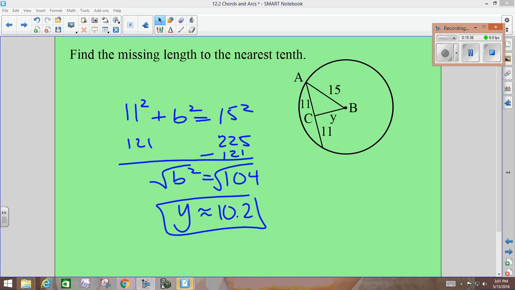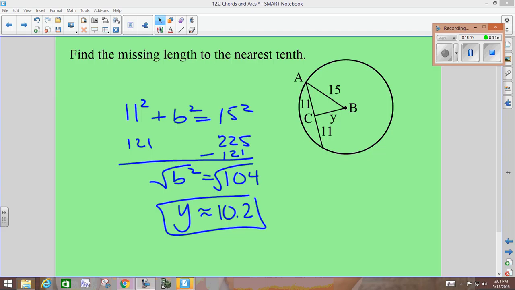But that's one of the theorems. What's the theorem say? Diameter that is perpendicular. Yeah, diameter that is perpendicular. Find it. What theorem tells you that you know you have a right angle there?